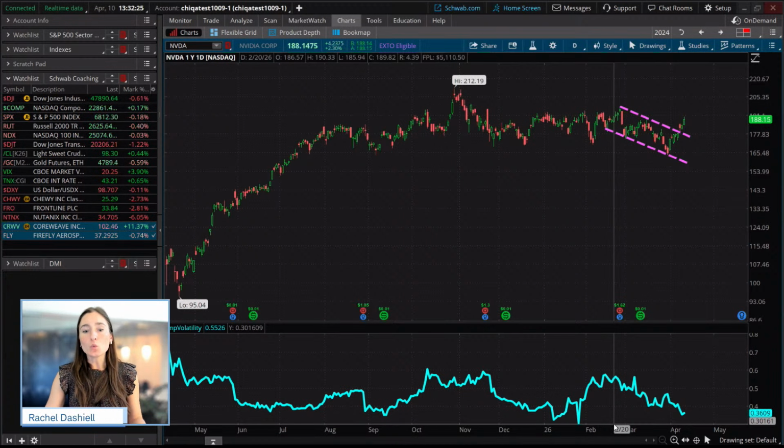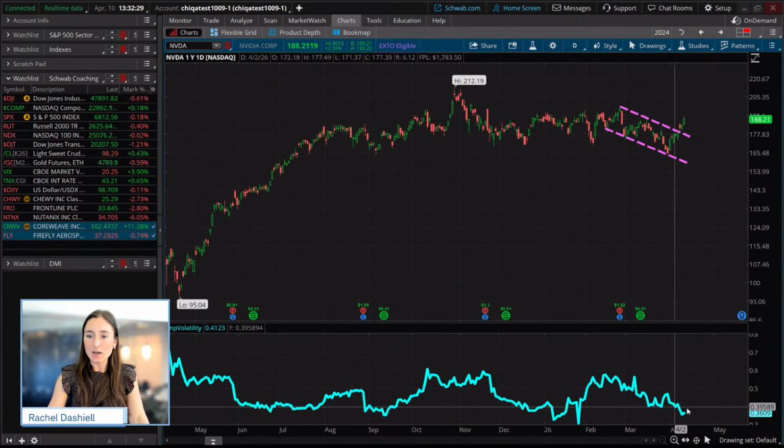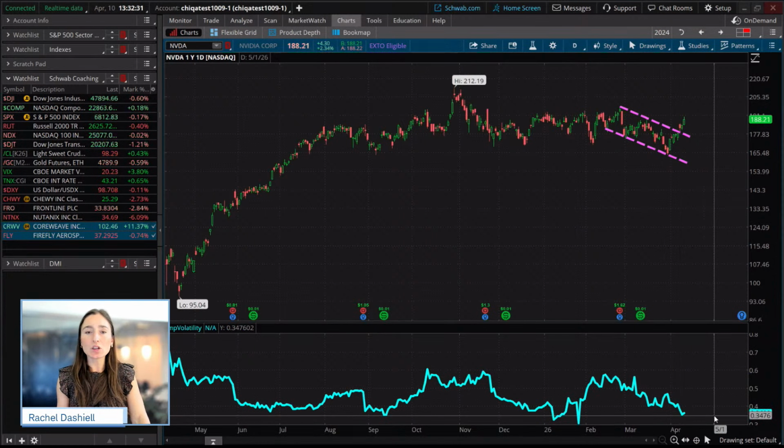If we look at the implied volatility down below, we can see that we are at some of the lowest levels that we've seen over the past year, which would be very supportive of us buying options in this case, because we want to buy those options when they are cheaper. And we've already decided that we want to be directional about this. So there's a couple different ways that we could play this one. We could either buy a call option, or we could buy a bull call spread. So a couple different ways that we could do this.